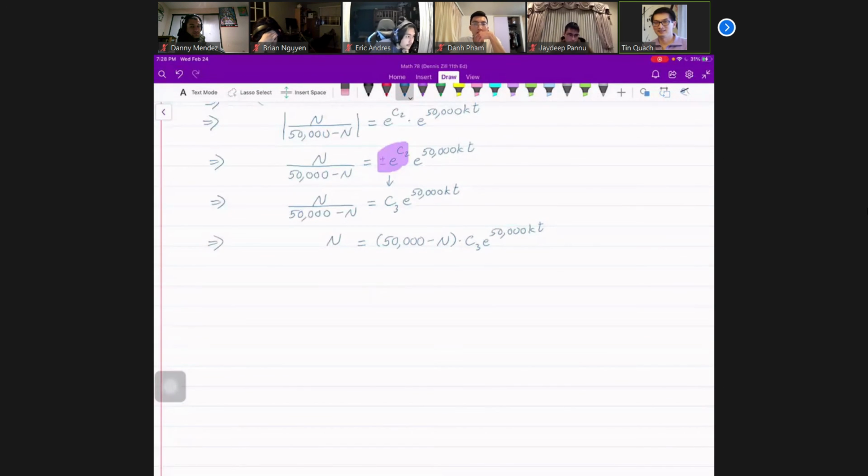Okay, so now you just multiply out. You're going to multiply everything out and bring the terms containing n to one side. So here you multiply out. You have 50,000 c sub 3 e to the 50,000 kt minus n c sub 3 e to the 50,000 kt.